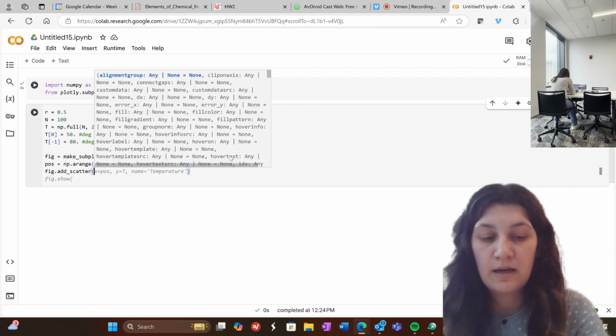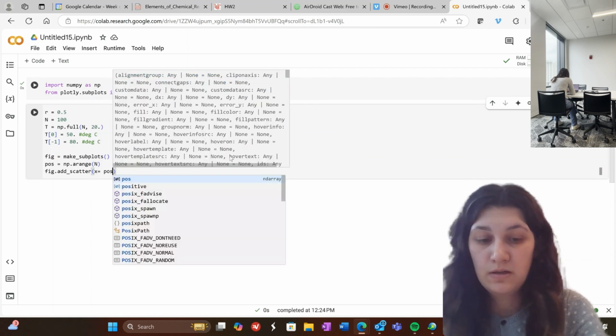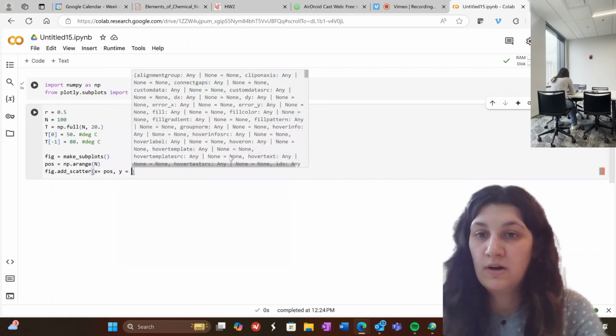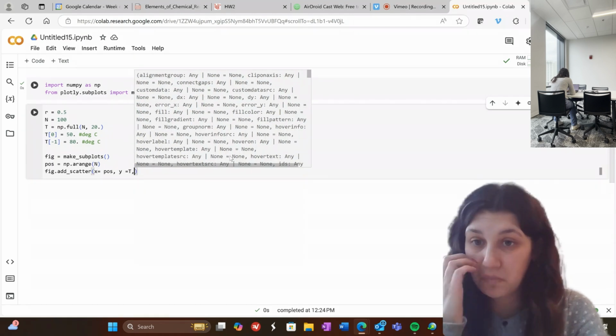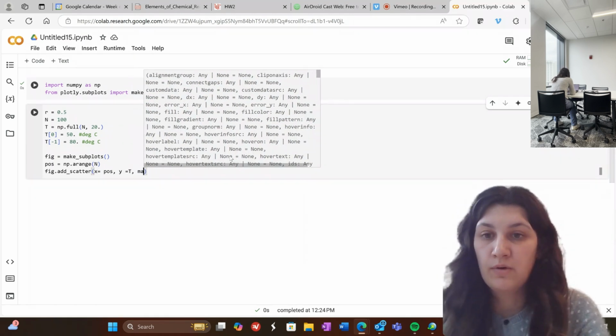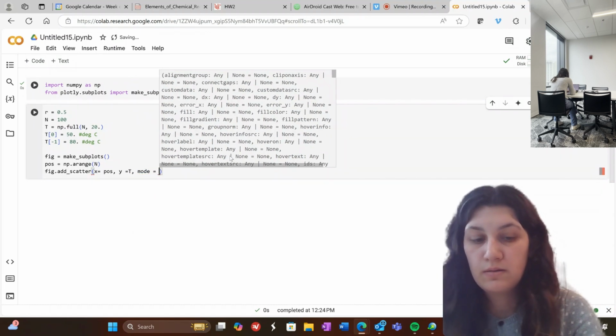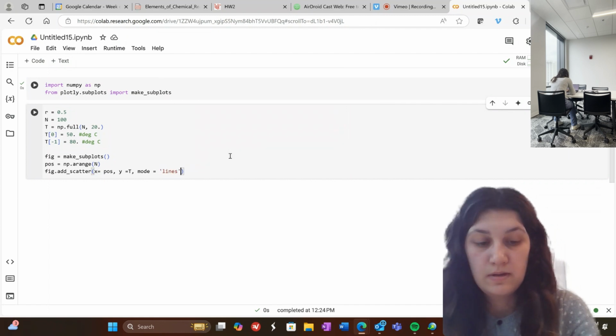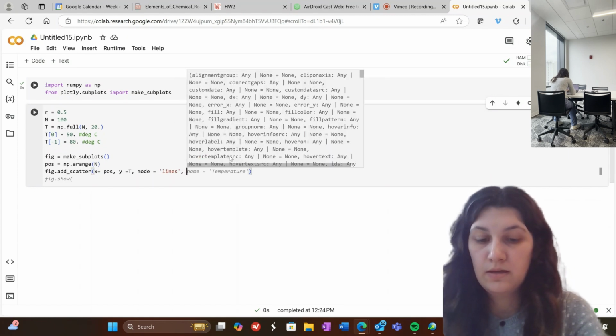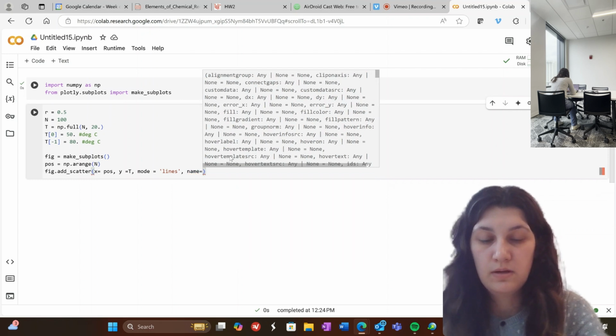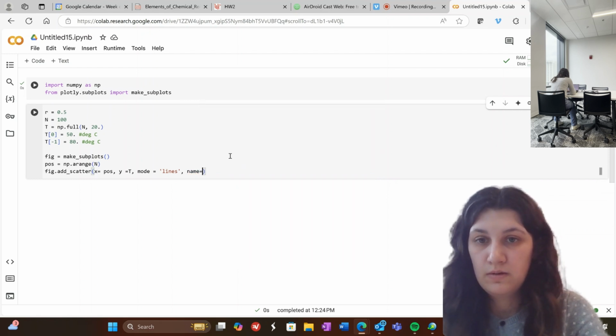Like I said, x is position, y is obviously our temperatures, and we want our mode to be lines, and our name to be 0.